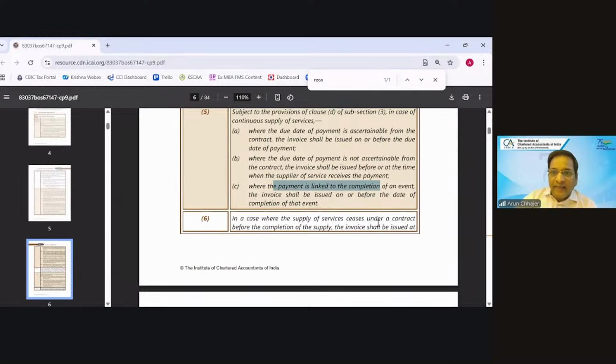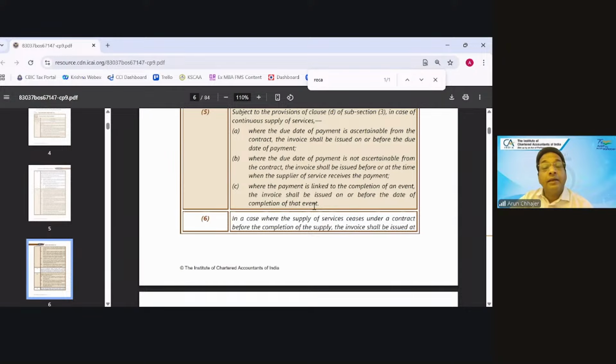In clause A, when the due date is ascertainable from the contract, then the invoice shall be issued on or before the due date of that payment. If not ascertainable, then on actual payment. If the payment is linked to the completion of an event, the invoice shall be issued on or before the date of the completion of that event.